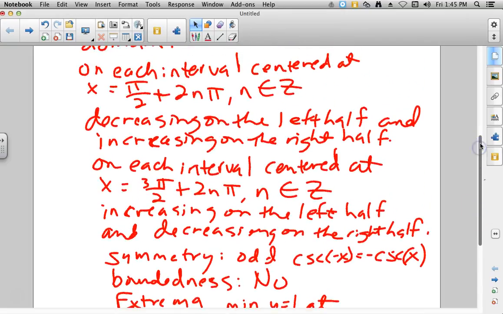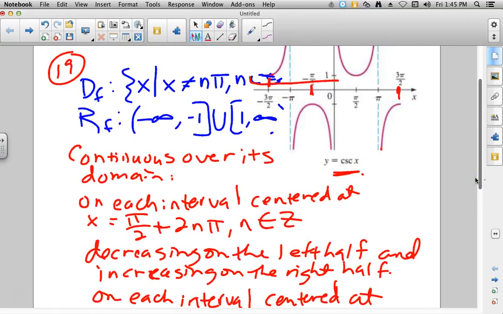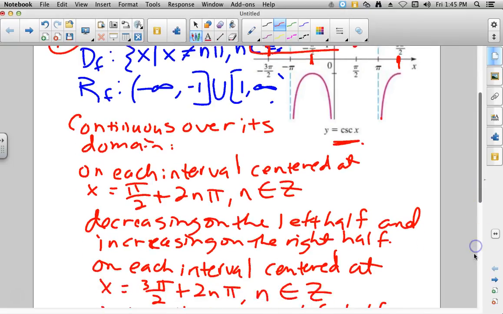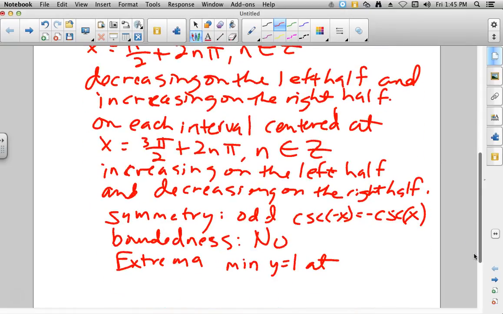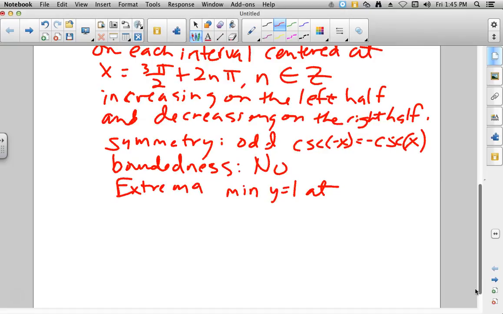Because if we go back to the graph, we see the negative 3 pi over 2 and the pi over 2 as being the center, and that's where that 1 is going to be, centered between those asymptotes. So extrema, where the minimum is y equals 1 at, x equals pi over 2 plus 2n pi, where n is the set of all integers.